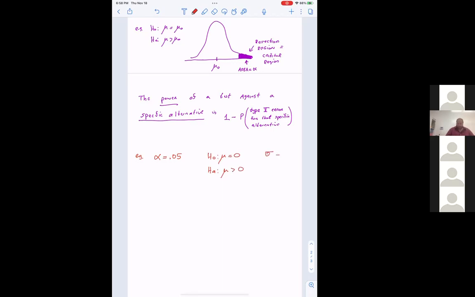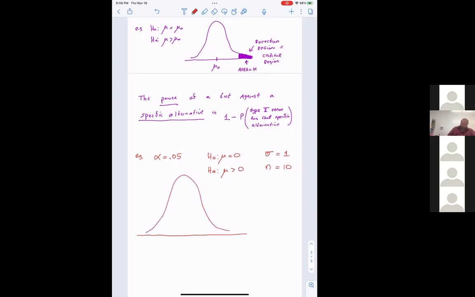We have a known sigma equal to 1 for this example. And we have a sample size equal to 10 for this example. Okay. Nice. So even before we worry about power and any of this kind of stuff, let's draw the situation here.